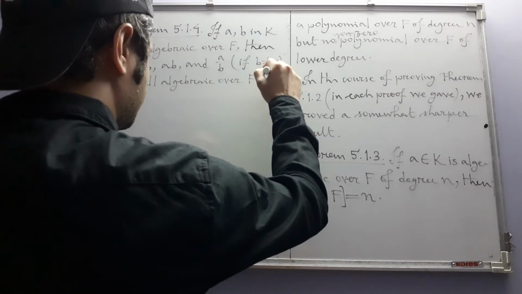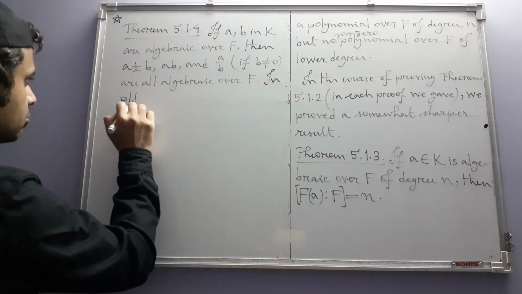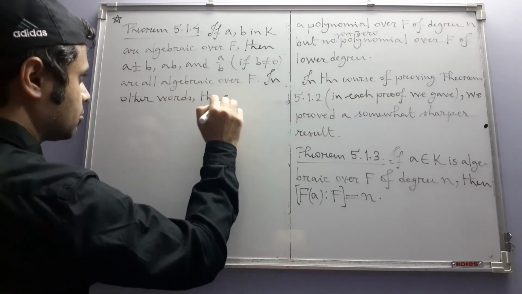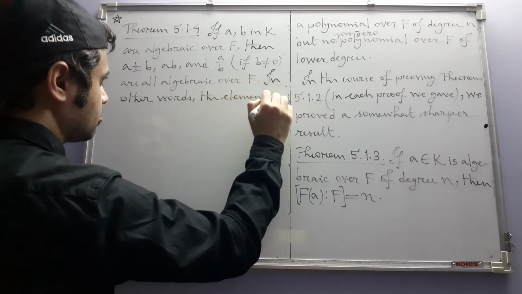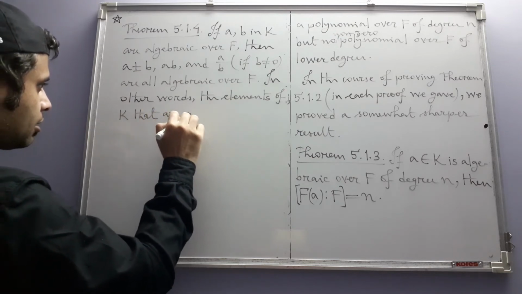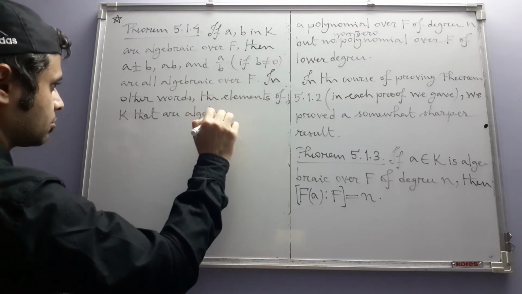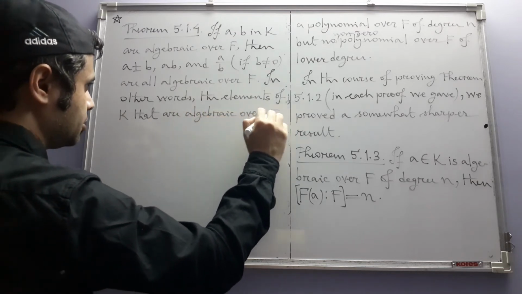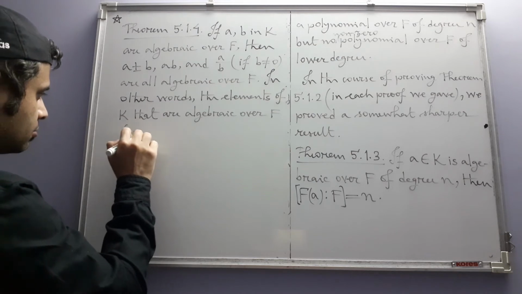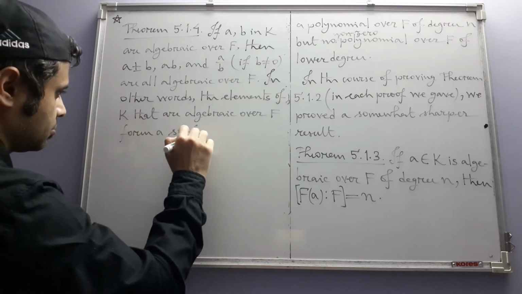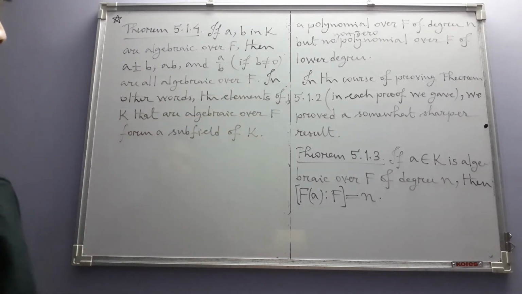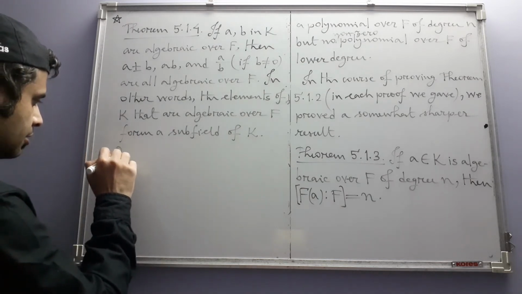So in other words, sum, difference, product, and quotients of algebraic elements over F are again algebraic elements over F. In other words, the elements of K that are algebraic over F form a subfield of K. Let us see the proof.